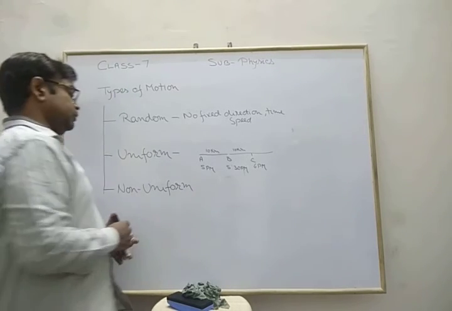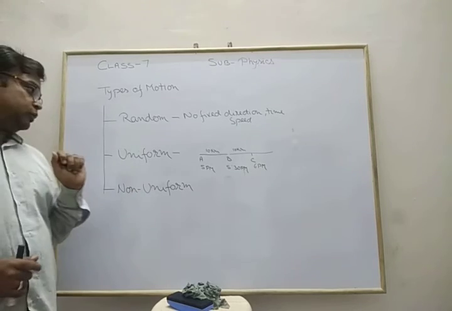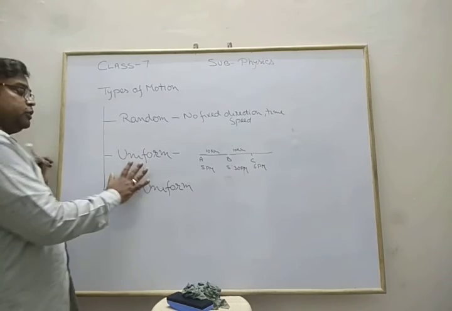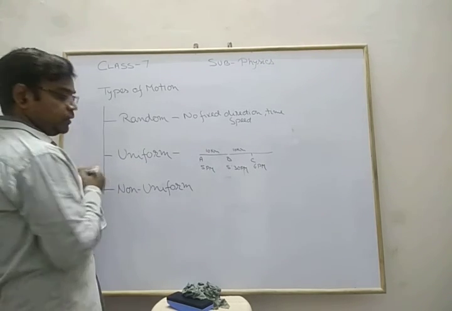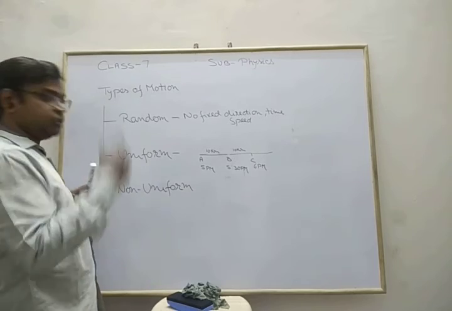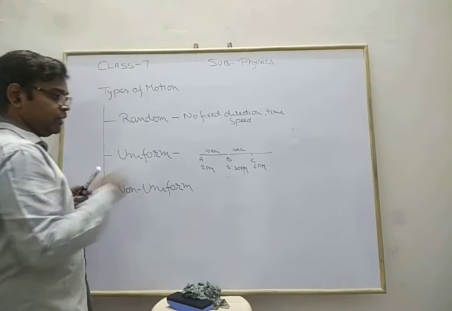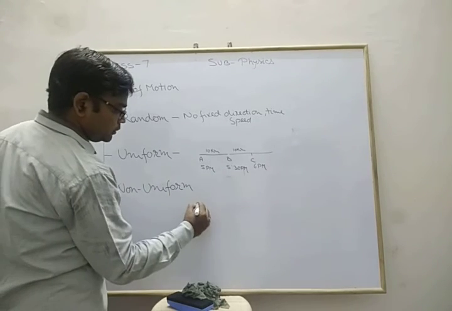Then non-uniform motion, just opposite to uniform. Suppose we are running through a busy road and then a highway.